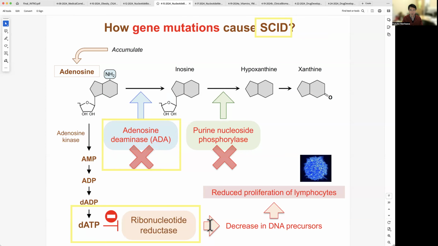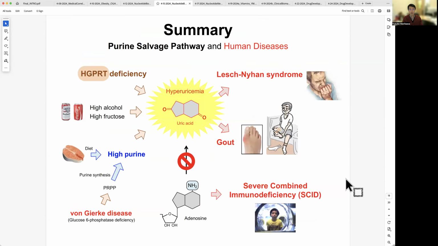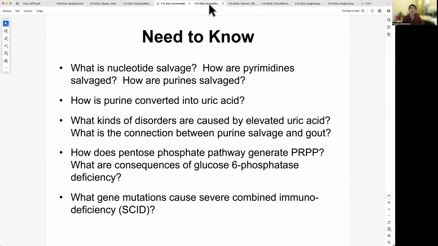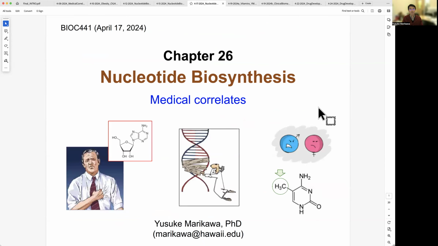The inhibition of ribonucleotide reductase will screw up the replication of the immune cells. That's the molecular biochemical link between immunodeficiency SCID, adenosine deaminase deficiency, and ribonucleotide reductase. Next one is nucleotide biosynthesis medical correlates.